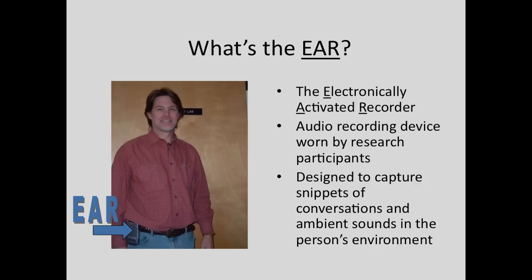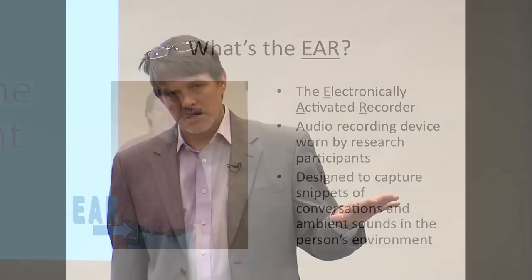This device is an ambulatory assessment device developed by social psychologists. What it does is that, unbeknownst to the person wearing it, it takes 50-second snippets of ambient sound in their environment, usually about 2 or 3 of these an hour.